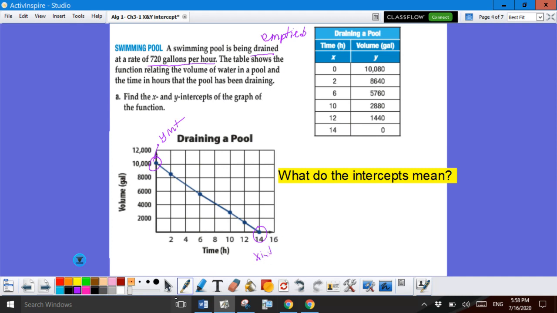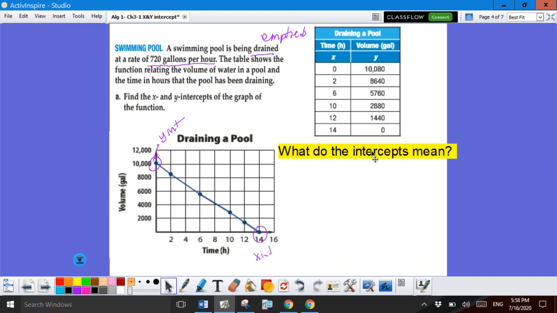I want you to take a minute and see if you can find the y-intercepts and the x-intercepts up in the table. Where are the x-intercepts and y-intercepts in the table? Hopefully you found them right there.